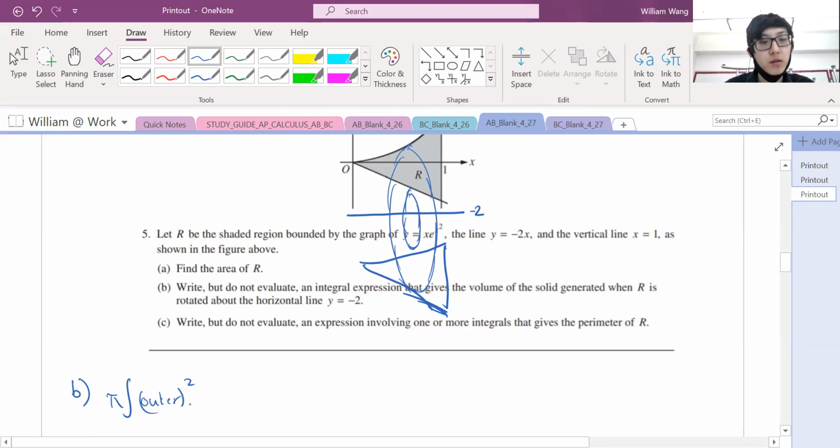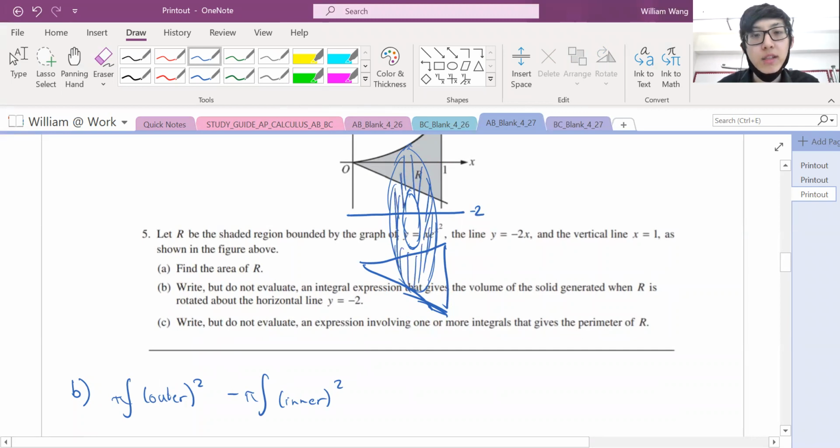So it's going to be pi r squared, and the radius is going to be the outer function. Then I'm going to subtract pi times the integral of the inner function squared, right? So I'm taking this outer radius and I'm subtracting the inner radius.